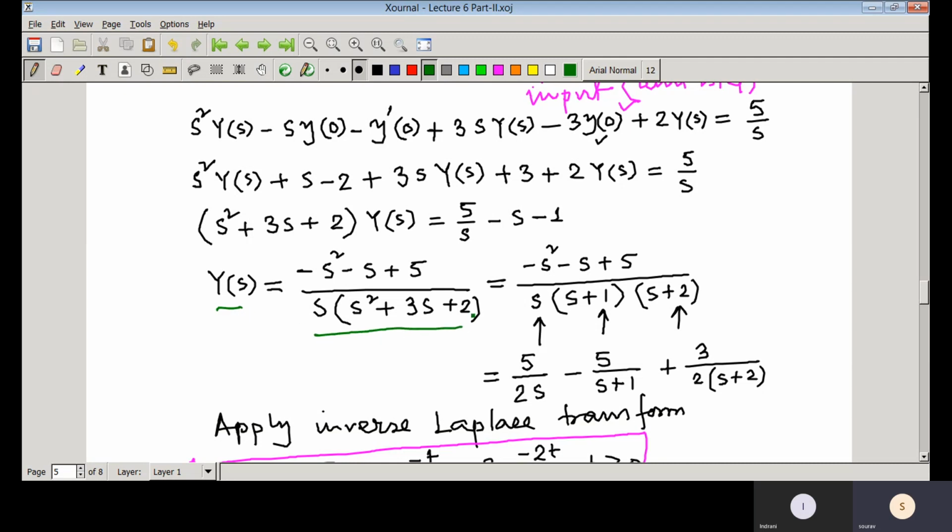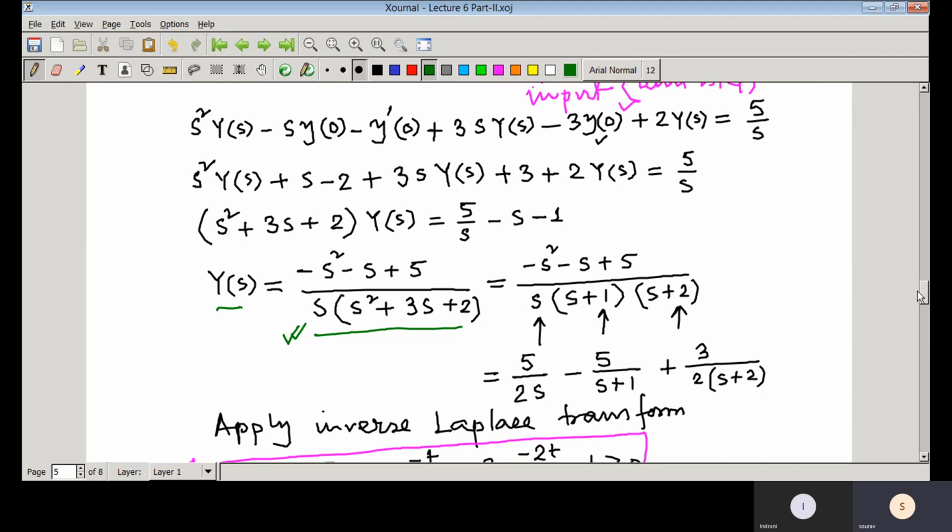That means in a numerical problem, if you are asked to find the steady state value for this given rational function, later on you will see that this is called transfer function, and you are asked to find what would be the steady state value if a unit step function is applied, then how to find that steady state value?